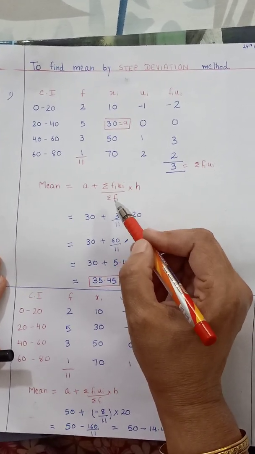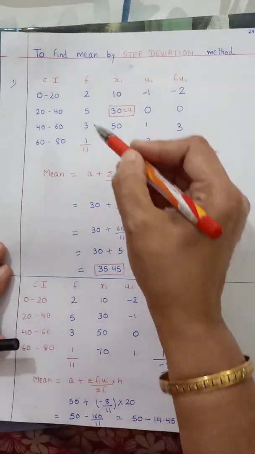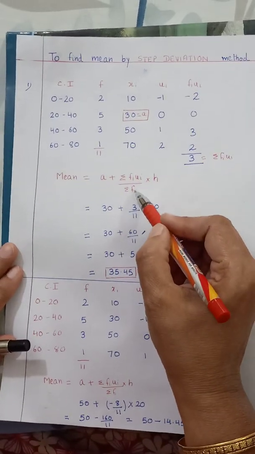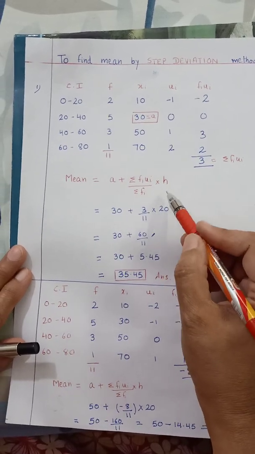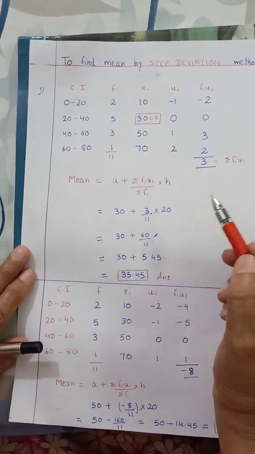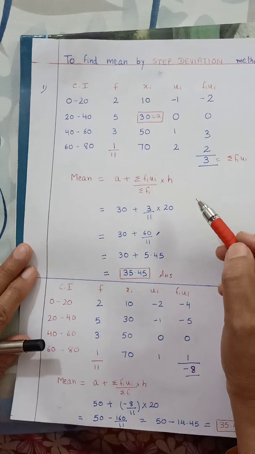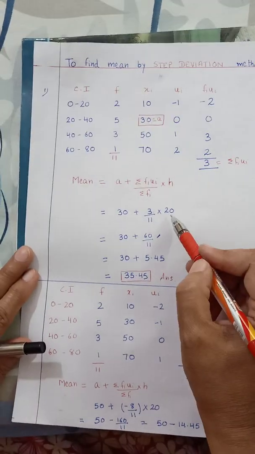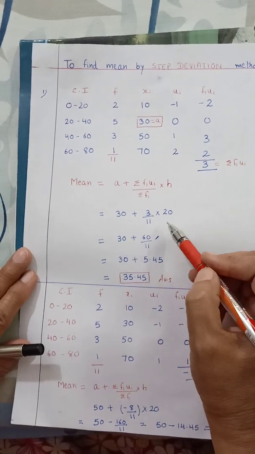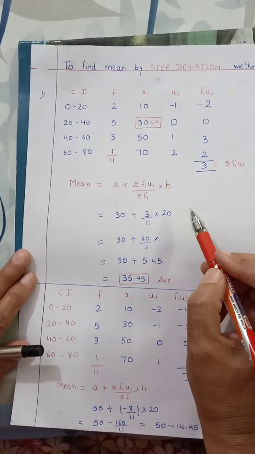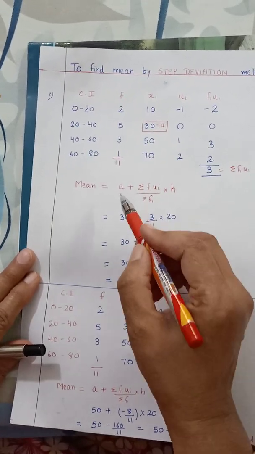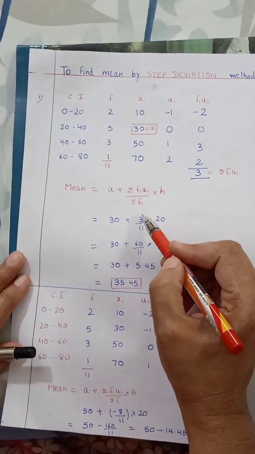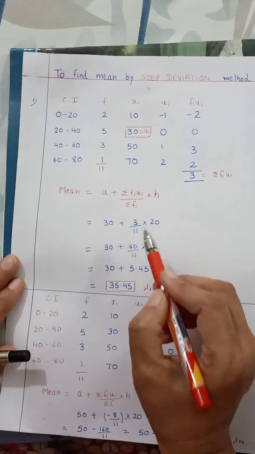Summation Fi means sum of the frequencies, and on adding we get 11. So summation Fi is 11, into H. What is H? H is the class size. Class size means upper limit minus lower limit, that is 60 minus 40, it is 20. Are you clear for this point? We got A, we got summation Fi ui, we know H, substituting all these values in the formula.